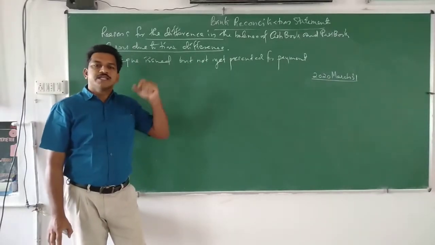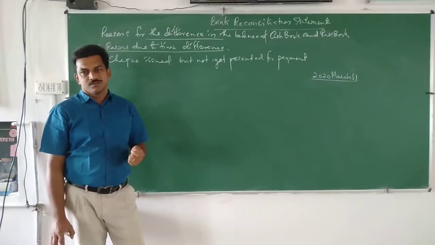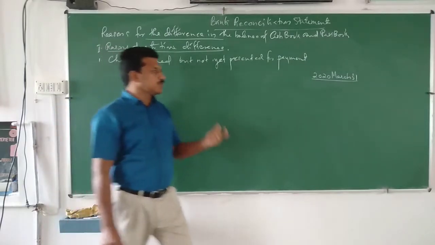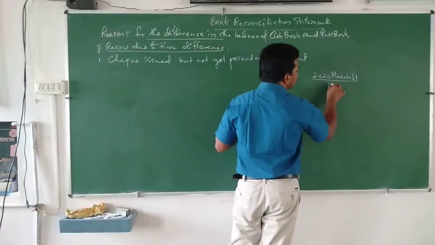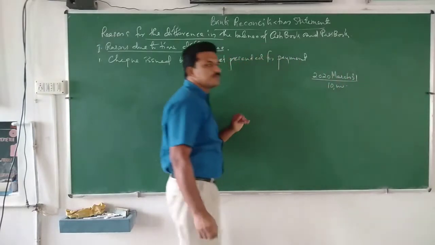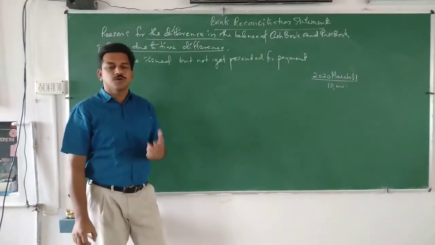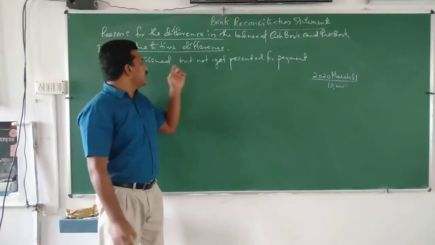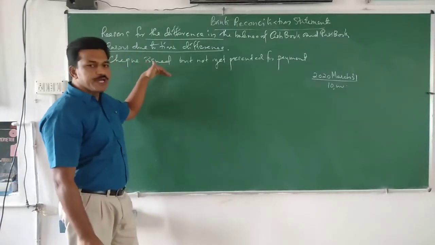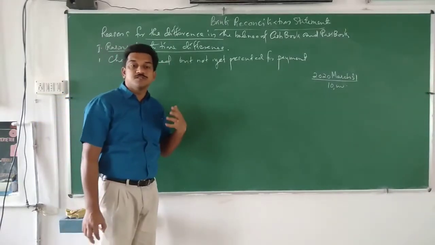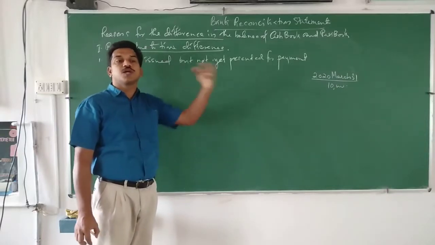On that day, there was a difference. Suppose there was a difference of 10,000. And we have issued a check, meaning our business has issued a check to our customer.